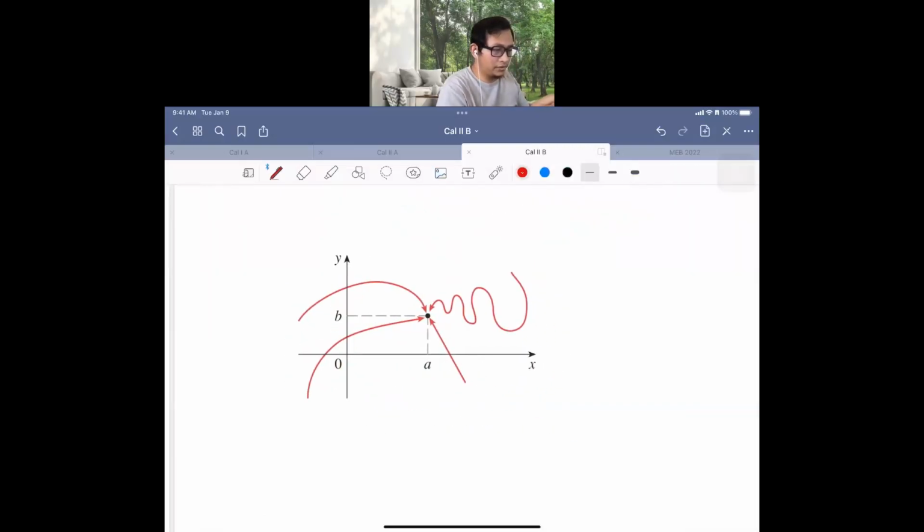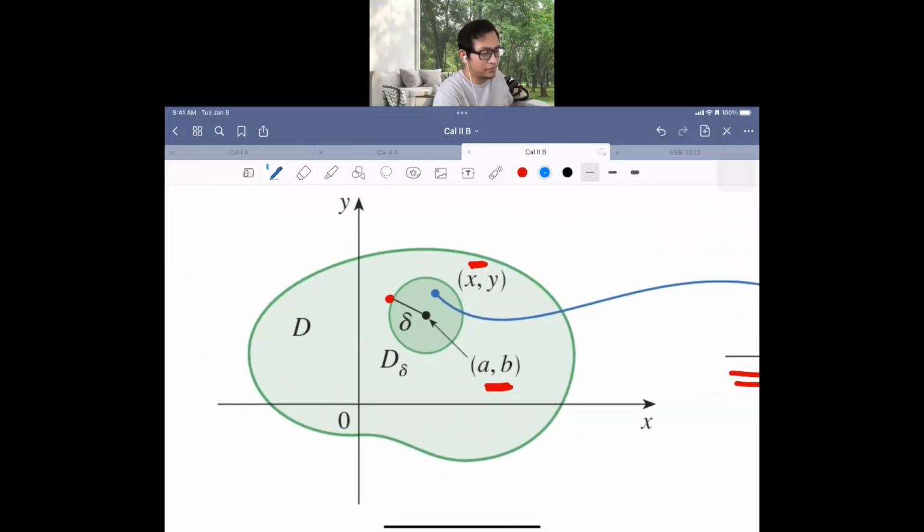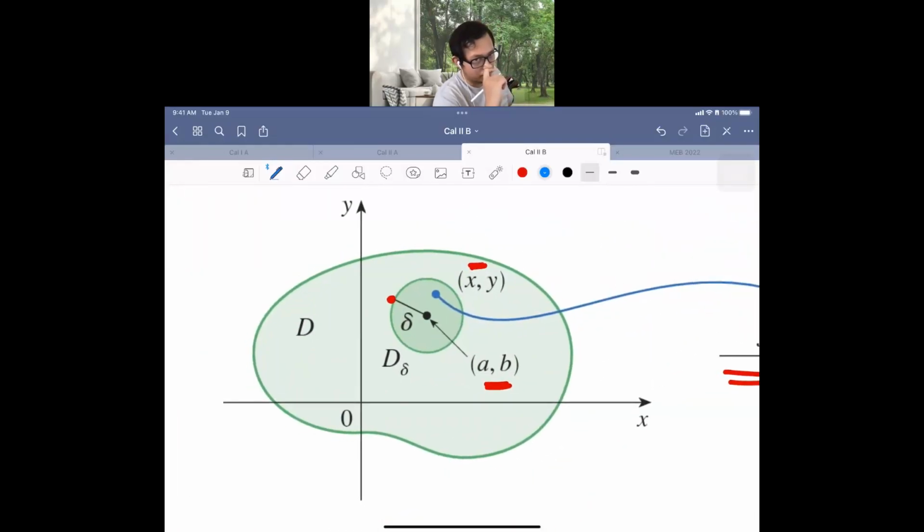So first, if we imagine this AB, or maybe start from here, AB. Let me erase this. If we want to approach AB from this XY, it can be from anywhere, right?